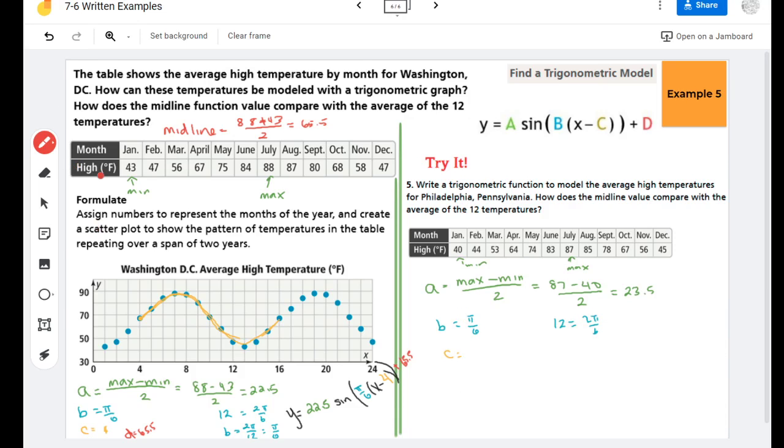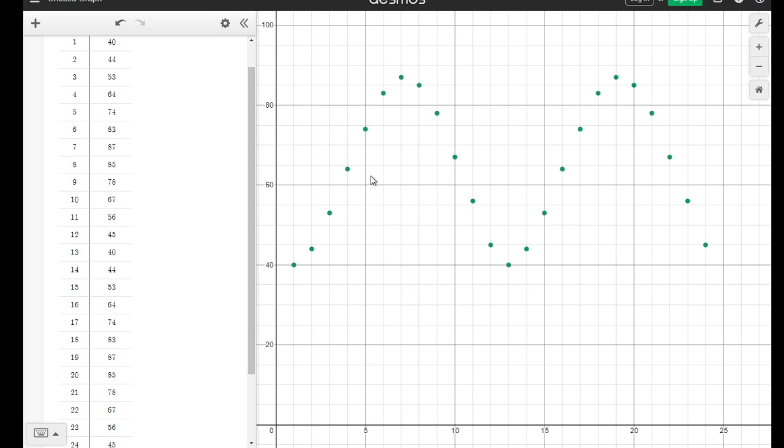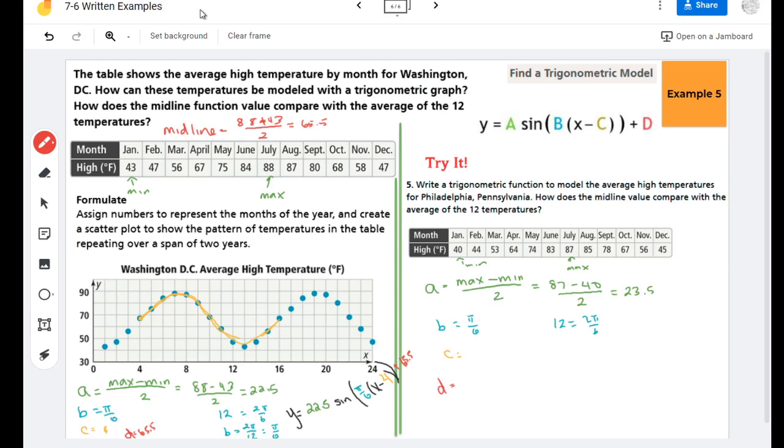If I calculate my D value before I find my C value, that's going to help me find out where that sine curve starts. Because depending on where my midline is, it could be this point or here or here. They made it pretty obvious that it'll be around here somewhere, but I want to confirm it.